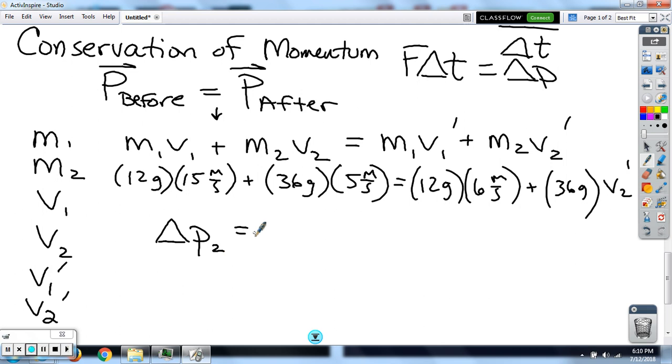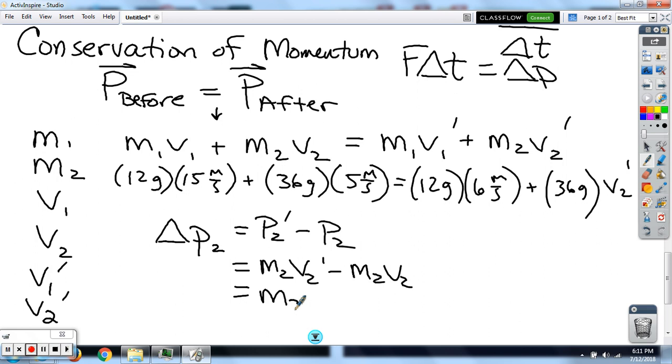So that's the momentum after. So it's P2 prime minus P2, which is M2 V2 prime minus M2 V2, and I could factor out M2.